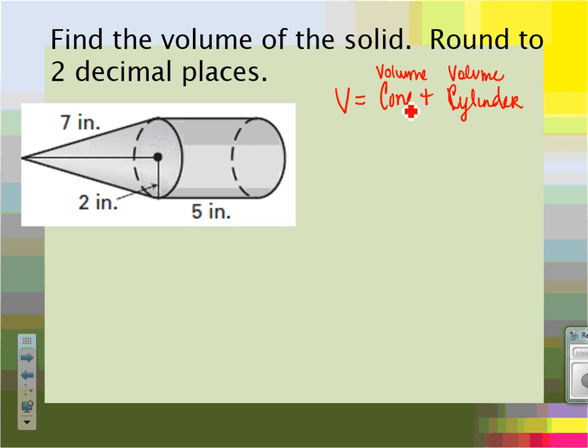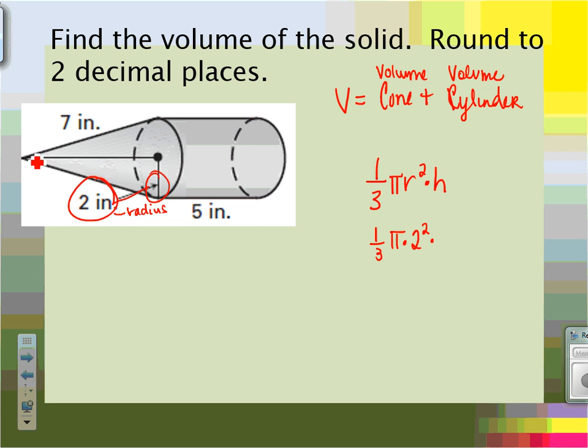So I'm going to do the volume of my cone first. The volume of my cone would be 1/3 pi r squared times height. 1/3 pi times 2 is my radius. There's my radius right there. Times my height.